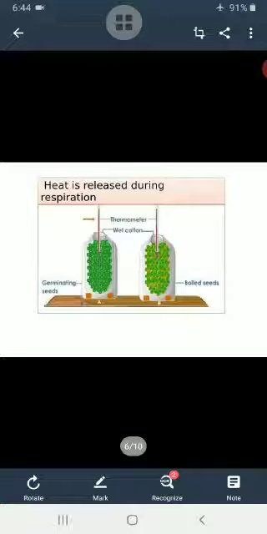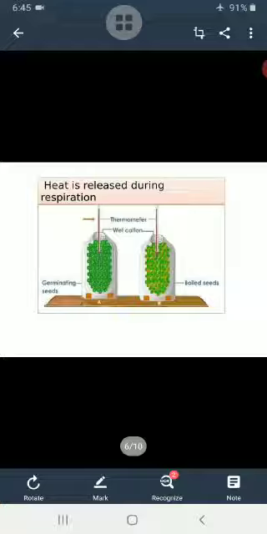Keep the germinating seeds in one thermos flask and the boiled seeds in another. We can take any containers also. Put moist cotton on the mouth of the containers. It will keep the seeds moist and also allow the air to enter the flask or container.